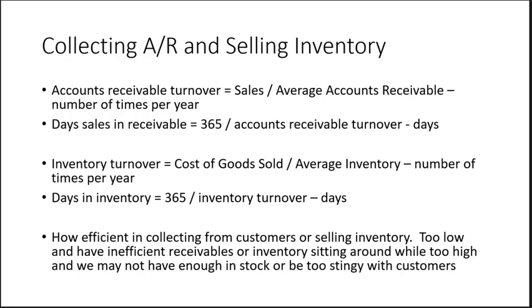And maybe you always collect your receivables and you collect them very fast, but maybe that's because you only sell to a few customers that can for sure pay you, and you're missing out on customers that might be slower paying but would still pay because you're being too stingy. Okay? So again, it's not necessarily that high is always better. There's a balance between the two, just like with the current ratio and quick ratio.